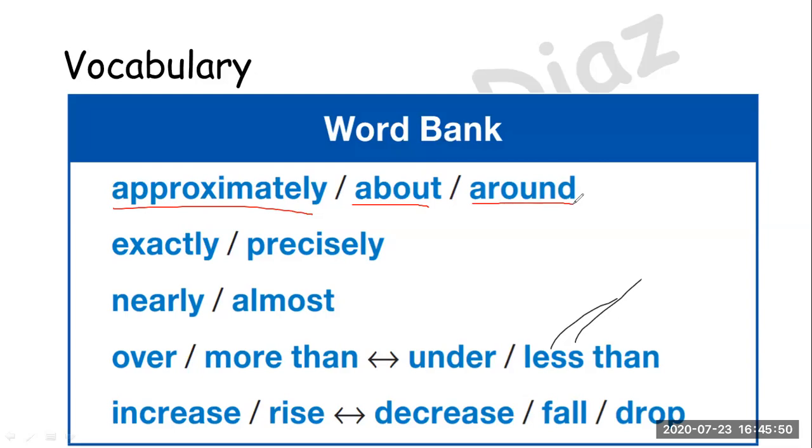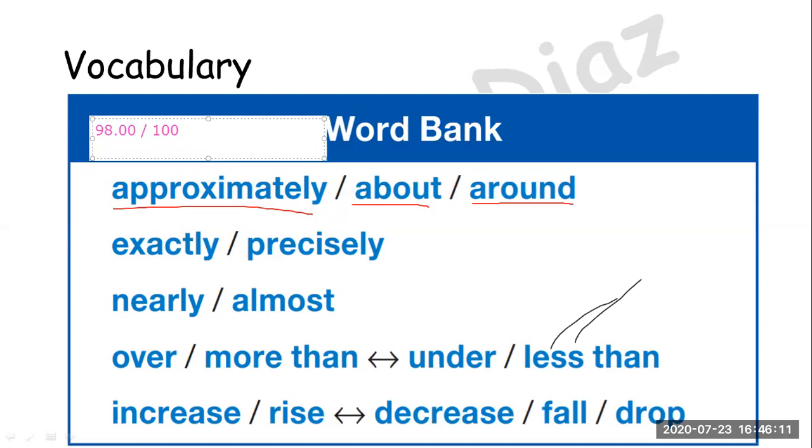Imagine that I have 98 pesos. So I could say that I have approximately 100 pesos.